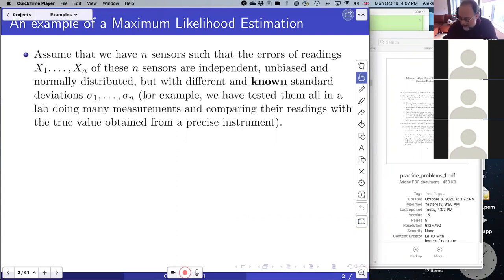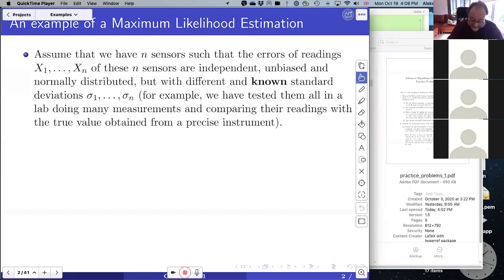So let's see what I have prepared for you. Another application that is really, really important for practice of maximum likelihood estimation is the following one.